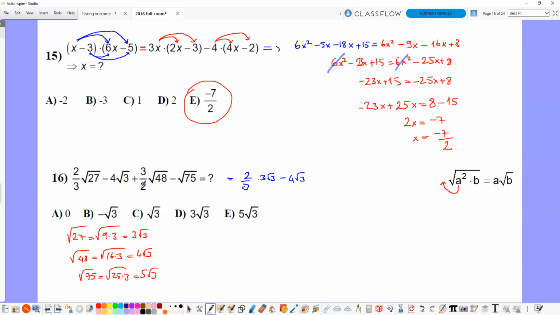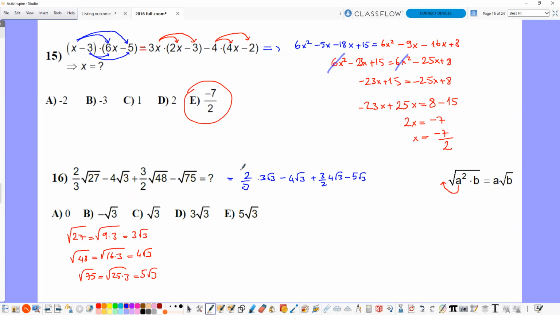Here, 3 over 2 times 4 root 3, because root 48 I found 4 root 3, and minus 5 root 3. Okay, so I have to decide this one. 2 over 3 times 3 root 3, what it is.